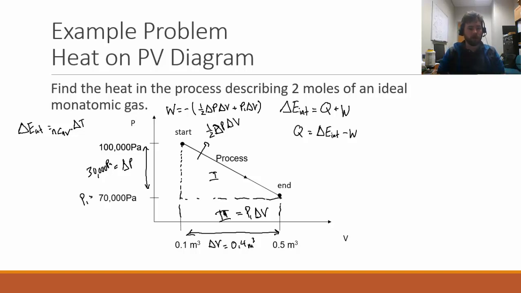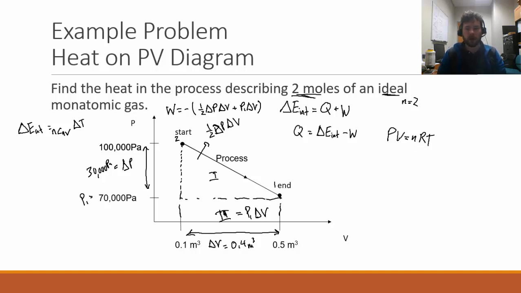So what do we know? N is the number of moles, which is 2 moles. The change in temperature is the other part we're going to have to get at. We'll have to calculate the temperature using the ideal gas law, PV equals nRT, because we're talking about an ideal gas. So if we know n, which is 2, and the pressure and the volume at either time, where I'm going to call this point 2 and this point 1, then I can find the temperature at these times.